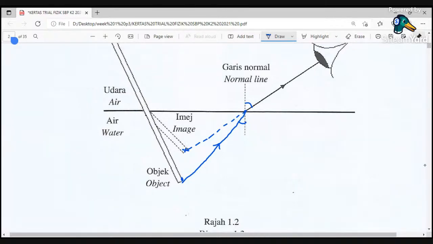As for me, I think it's better to draw two rays, because normally the image is formed due to light rays that intersect. So this is the second angle of incidence, bends towards normal, and then it will meet here. So this is the image.